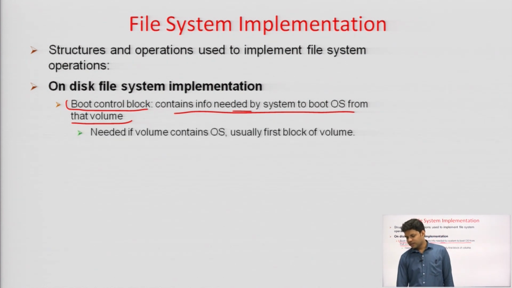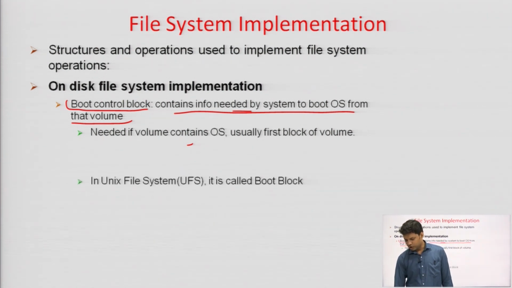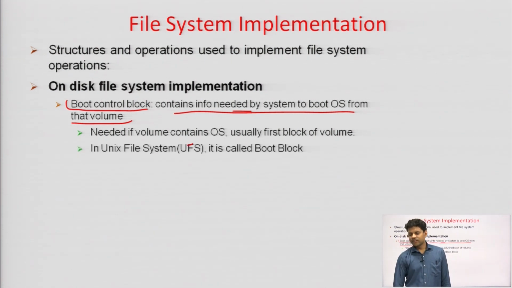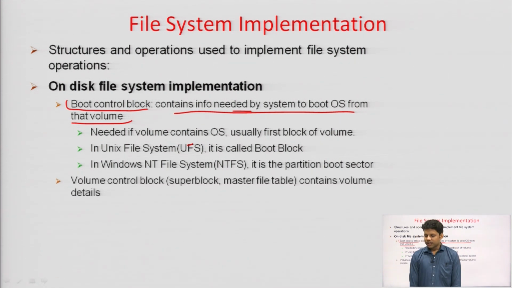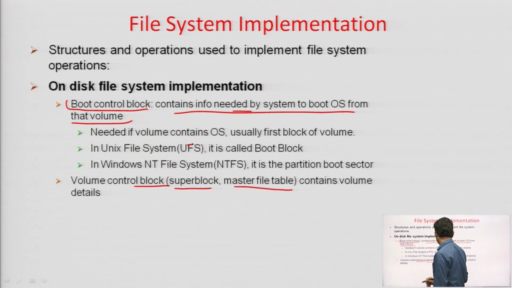It is needed if the volume contains an operating system, usually the first block of the volume. In Unix file system it is called the boot block. In Windows NT file system, also known as NTFS, it is known as partition boot sector. Now the next type of block is the volume control block, also known as super block or master file table.